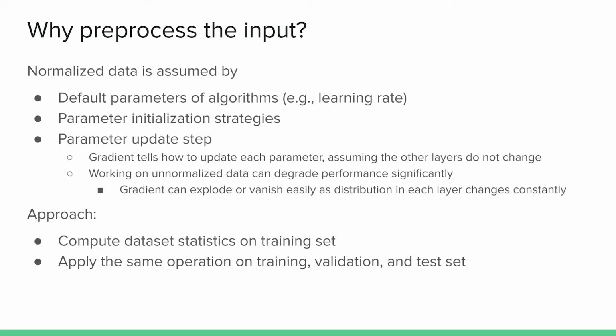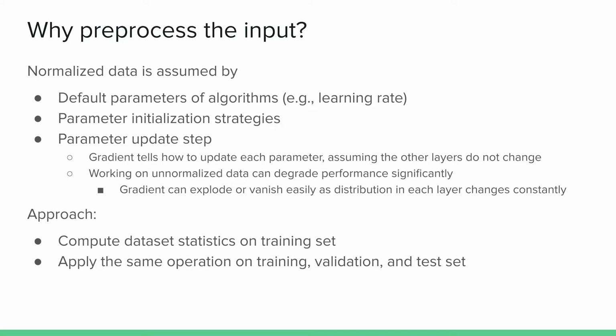What we're actually doing is we're updating all parameters at the same time. So when we're working on unnormalized data, this can degrade our performance significantly because the gradient can then easily explode or vanish as the distribution that we have going from one layer to the next layer constantly changes. So if you have normalized data in your network layers, you can overcome this problem.